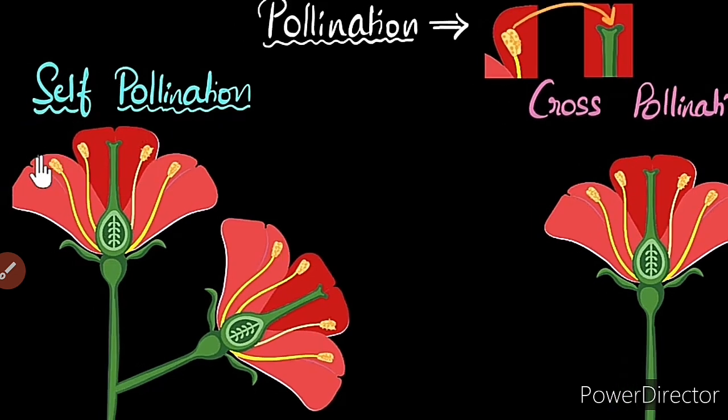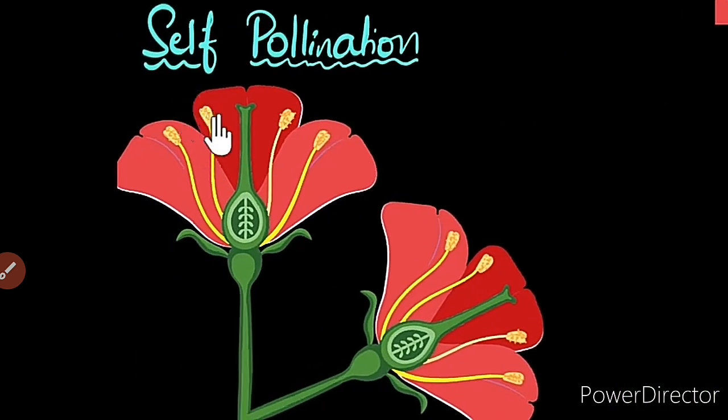So when the pollen grain transfers within the same flower, that means from the anther to the stigma of the same flower, you can see here, this is self pollination.